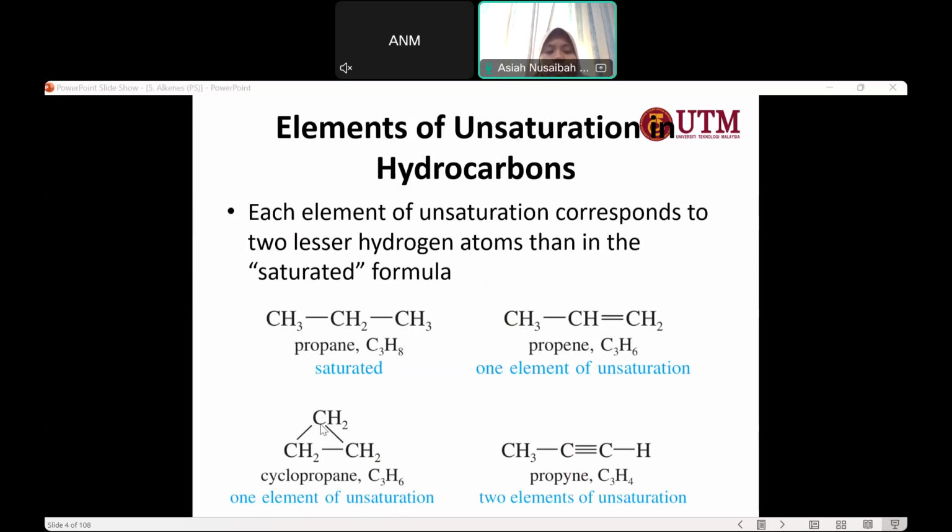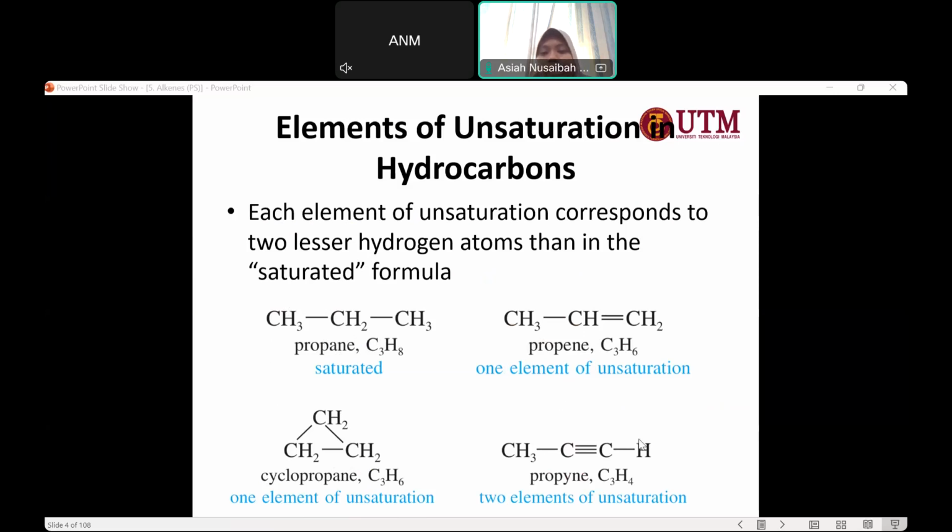Let's see how many C we have. 1, 2, 3. 3C. H, how many do we have? 2H, 2H, 2H, resulting in H6. Now the number of C and the number of H of cyclopropane is similar to propene, the alkene. So alkene and also cyclopropane have 2 fewer hydrogen as compared to the saturated propane.